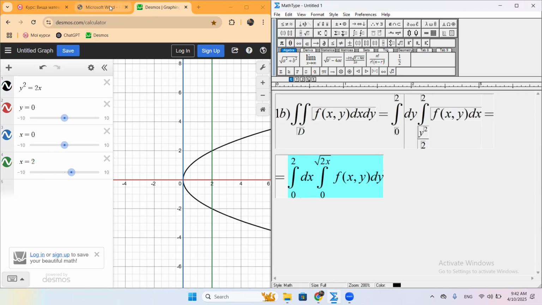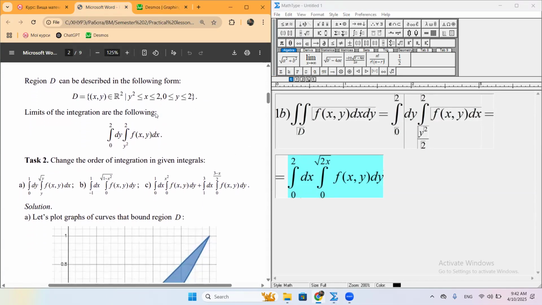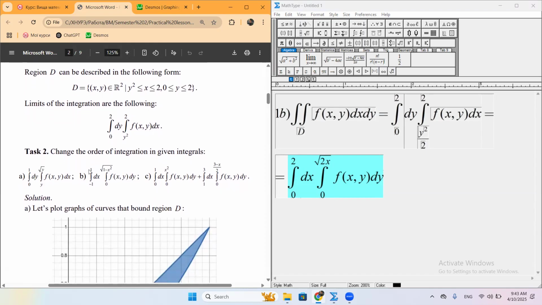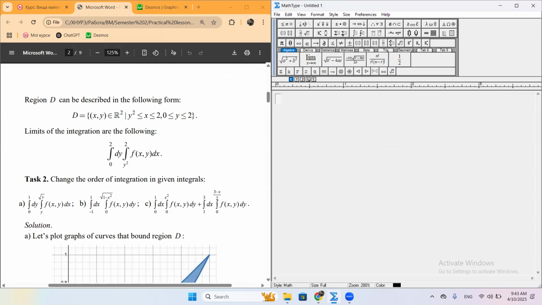Okay, no questions. So let's move next. Now we have to change the order of integration in given integrals. In 2a, we have the following integral.